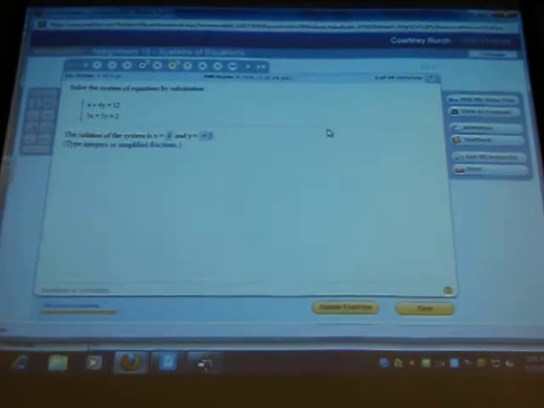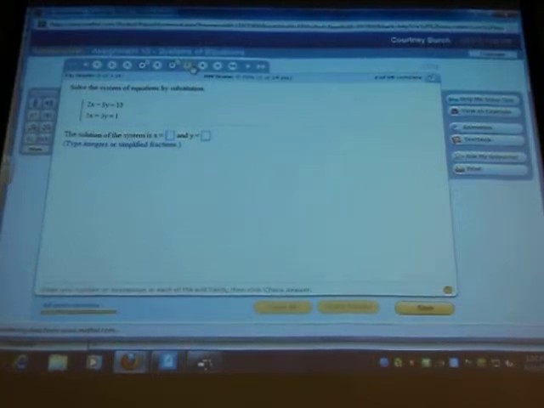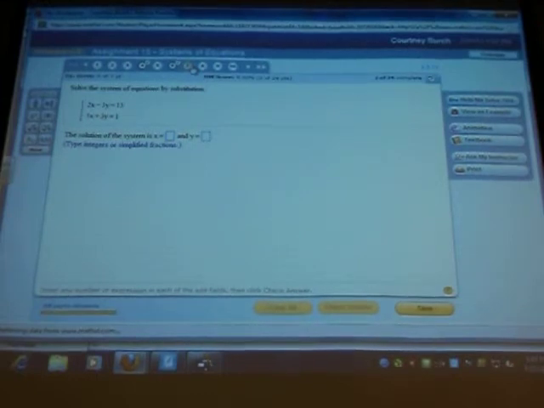Alright, you guys want to try one on your own with substitution? Sure. Now, number 7. Try this for a second. What's the problem with number 7 with substitution? There isn't a variable you can get by itself. It doesn't give me x equals or y equals.